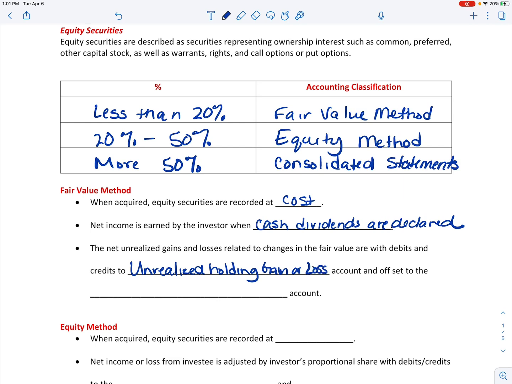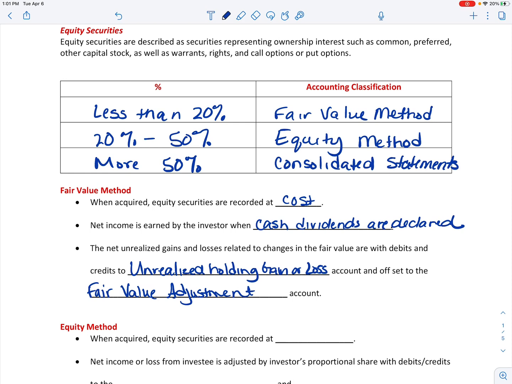They're going to be recorded to that account, and then offset to a fair value adjustment account. And we'll show you what that looks like. So that's your fair value method.